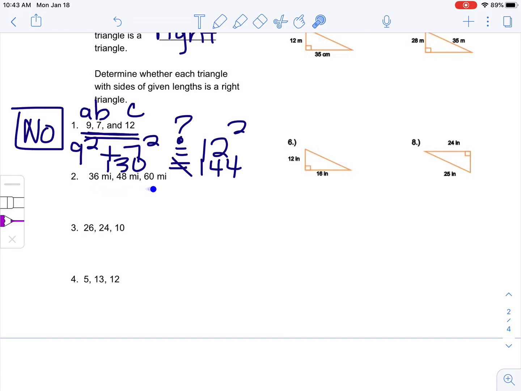So 36, 48, and 60. Again, 60 is going to have to be side C because that's the longest side. So I'm checking, does 36 squared plus 48 squared equal 60 squared?